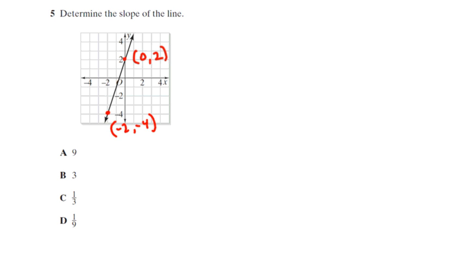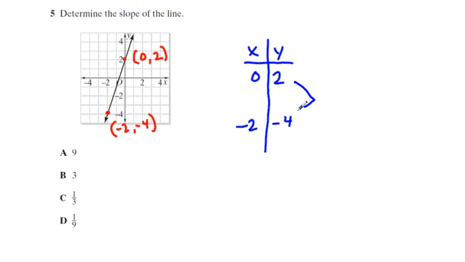And we just place these in a table like we've done earlier. We have 0, 2, and below we'll put -2, -4, and then we just subtract.